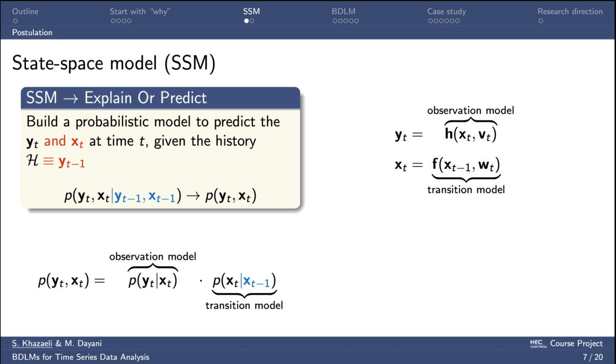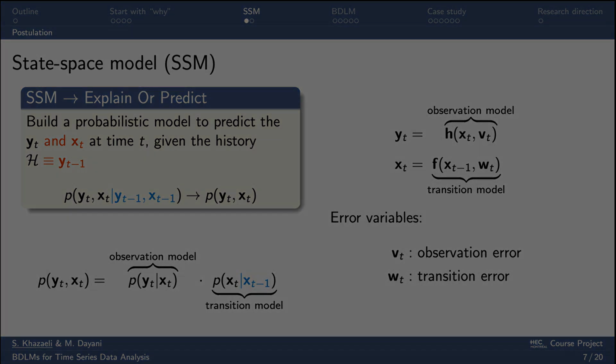And the other one is shown by f, and it represents the evolution of the underlying dynamics over time, let's say from time t-1 to the time t. Like any other probabilistic models, we need to consider the error terms. And here, v and w represent the error variables, and each of them corresponds to one of those models.